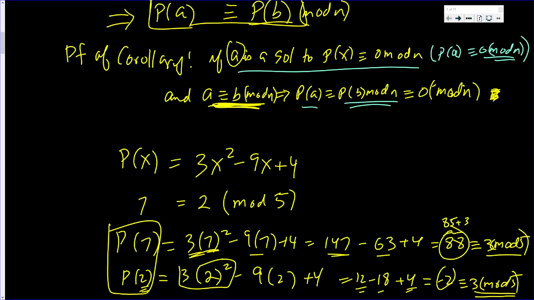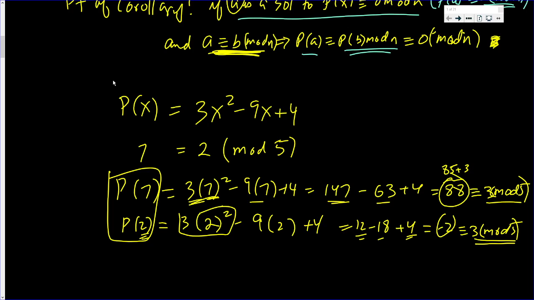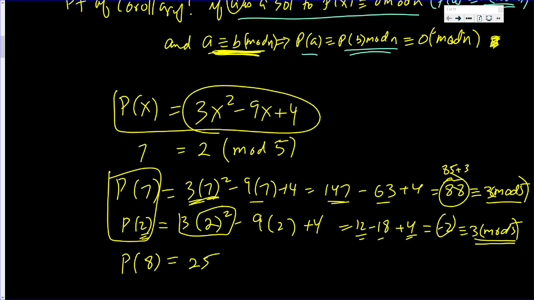And remember, I'm making this answer up. If p of 8 is 25, just make believe that when you plug in 8, you get 25. This is 0 mod 5. p of 8 does not have to be 0 to equal 0 mod 5.